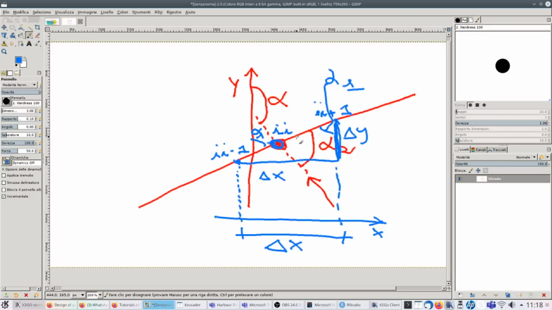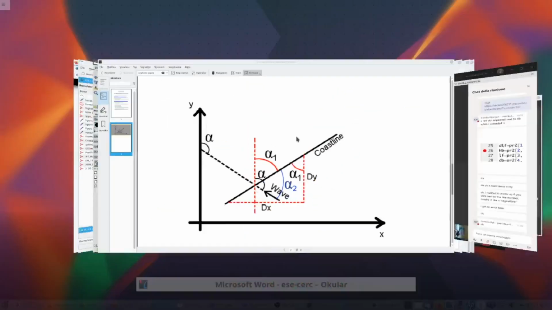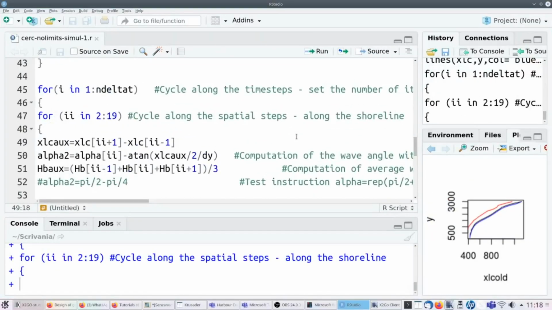So this is why I go back to my code. This is why I'm computing this difference between two neighboring coordinates. And look, even in this case, I refer to a quite large portion of the coastline, comprised between three subsequent points.